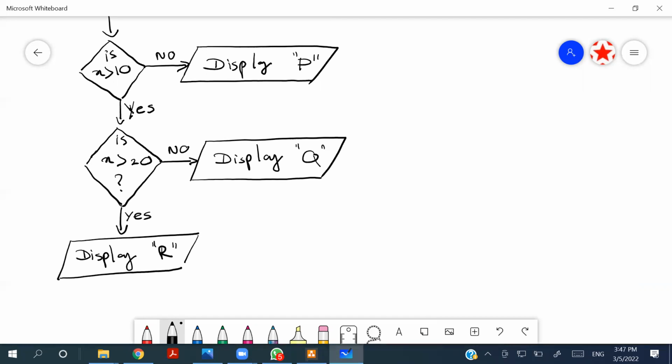In the earlier situation, you found the condition on your no path. Now, here you are finding your condition on the yes path.